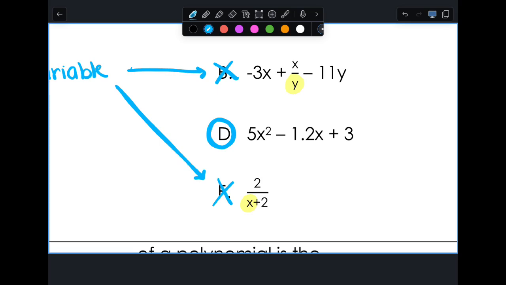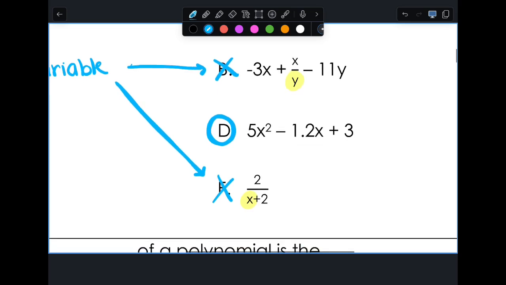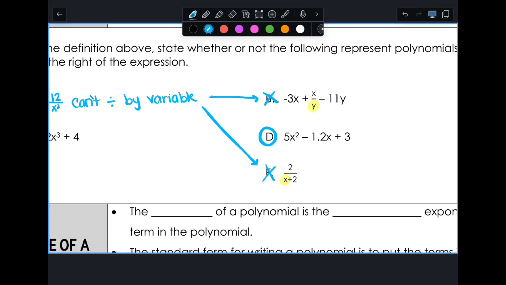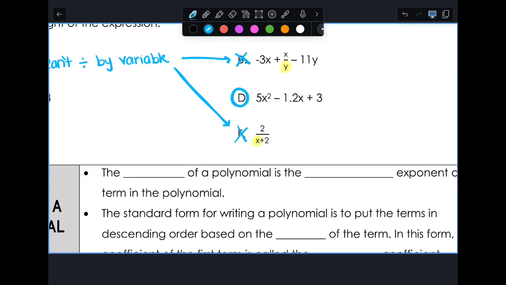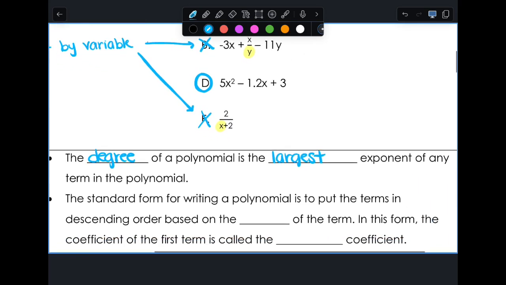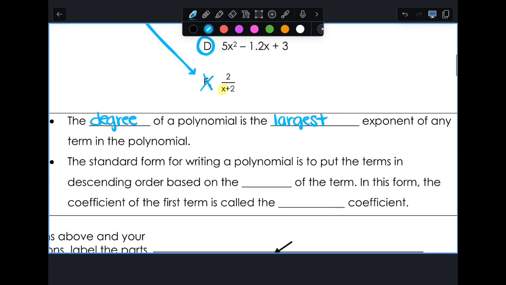So, degree of the polynomial. The degree of a polynomial is going to be the largest exponent in the expression. Okay, largest exponent of any term in the polynomial.